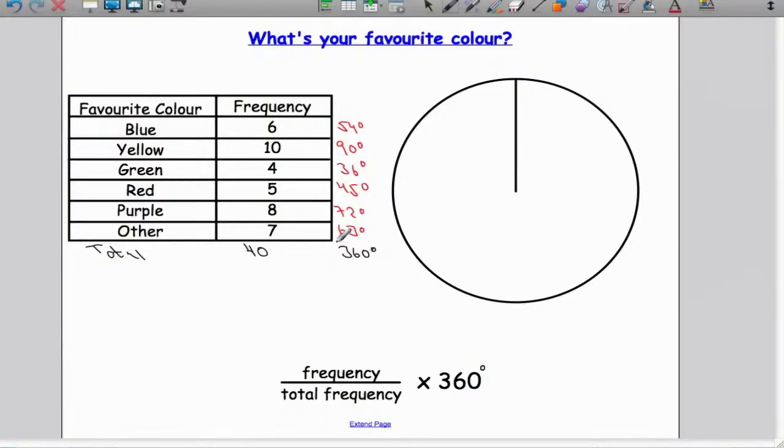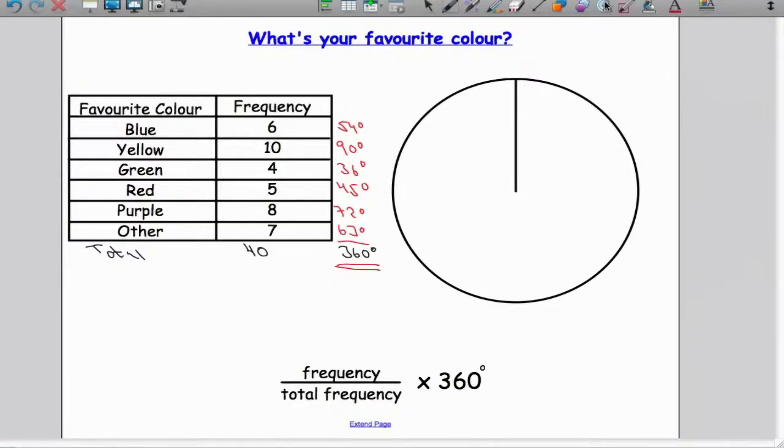degrees. Now, to make sure that we've done it correctly, what we can do is add up all of these degrees and we should get 360. Let's check. 4 and 6 is 10, 15, 16, 17, 20, put down a 0, carry 2. 2 and 5 is 7, 16, 19, 23, 30, 360. Perfect. So we've done that correctly.